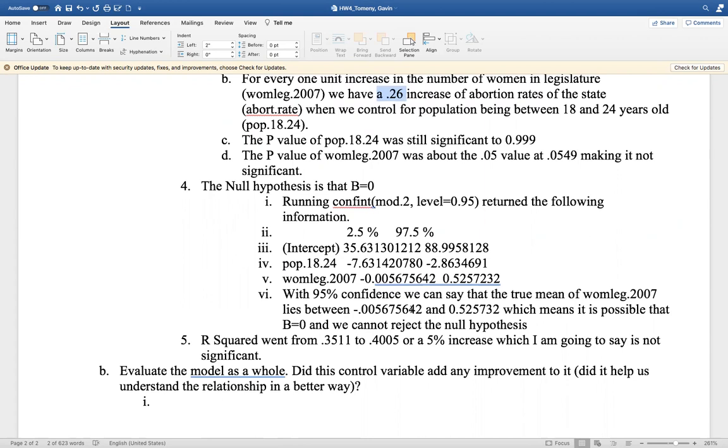And I'm going to say that that increase is not significant. It's just 5%. We already said that 35 was pretty good for real world stats, but just bumping it up to 40 is not a huge difference.